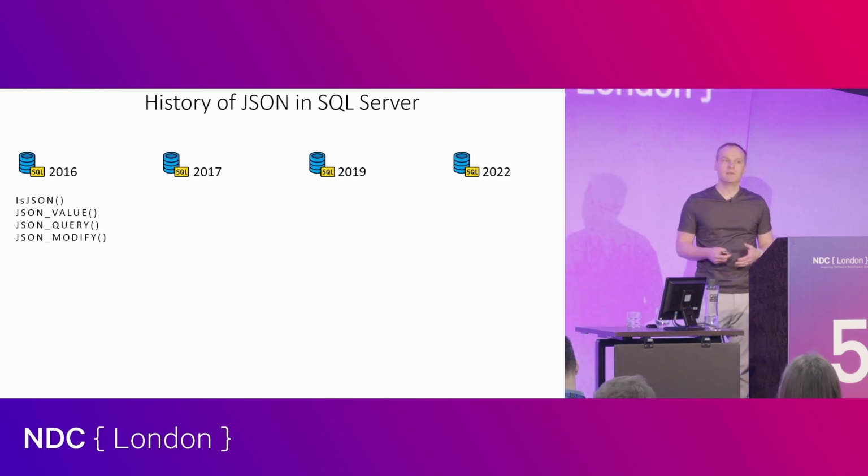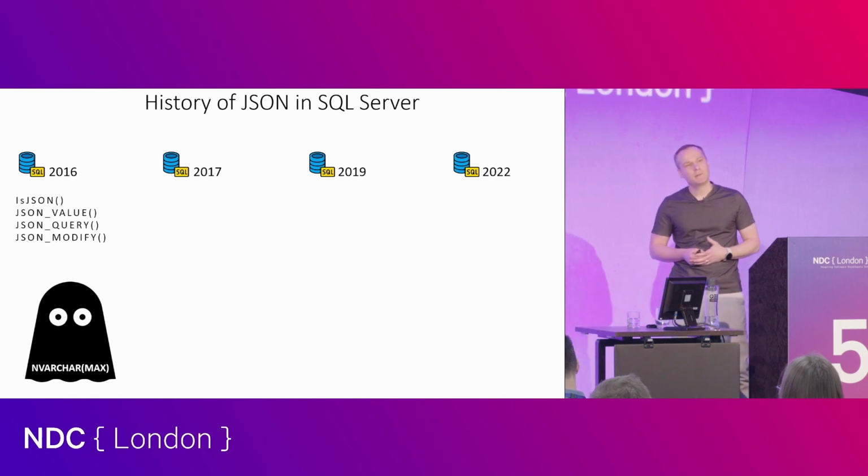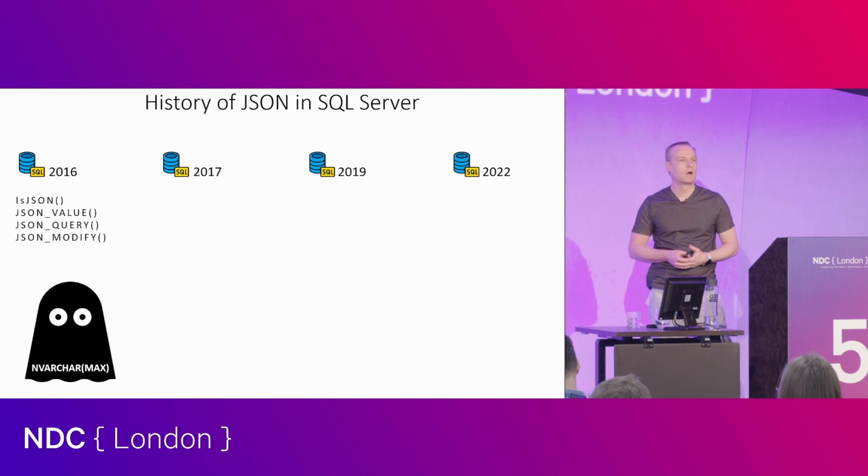They just kept it as varchar and varchar max. When they introduced it, that's the data type Microsoft suggested, and I believe they still suggest it. If you have special characters, you can use nvarchar max. If you don't have any, you can use varchar max. Both of them are going to work.